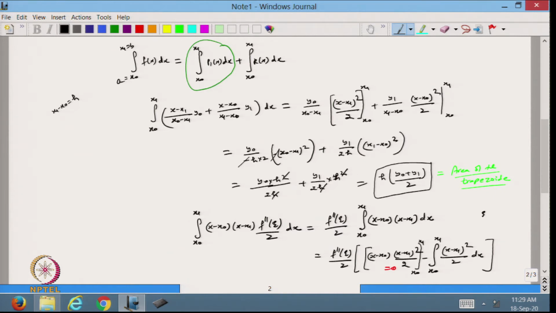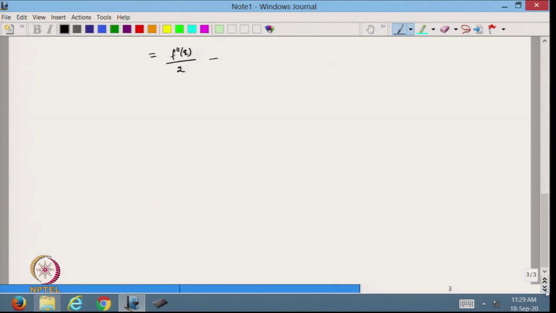I know that this xi belongs to x0 to x1. So, with this negative sign, the integration of this part will be cube by 6.